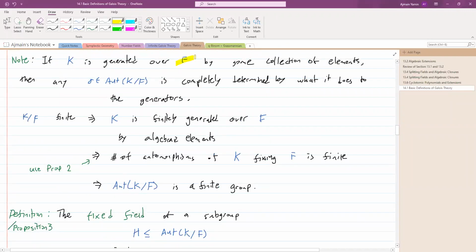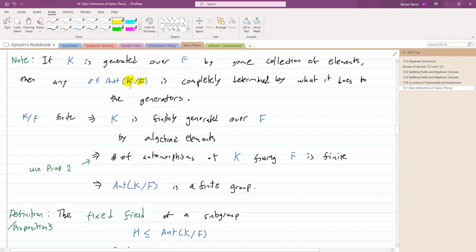If K is generated over F by a collection of elements, then sigma is completely determined by what it does to the generators. Why is this? What does it mean to generate this field over this field?